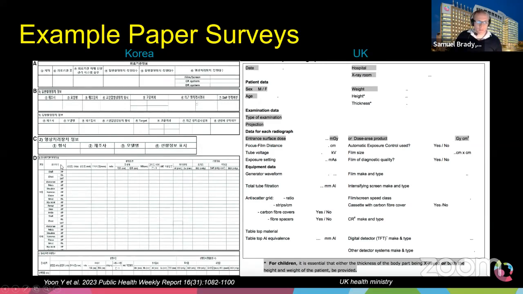Lots of information pieces to collect, a lot of information per exam that needs to be collected. And on the right-hand side, this is an example of how the UK started out several decades ago. The survey is actually relatively simple, but it still provides the institution every opportunity to participate by collecting the necessary information.